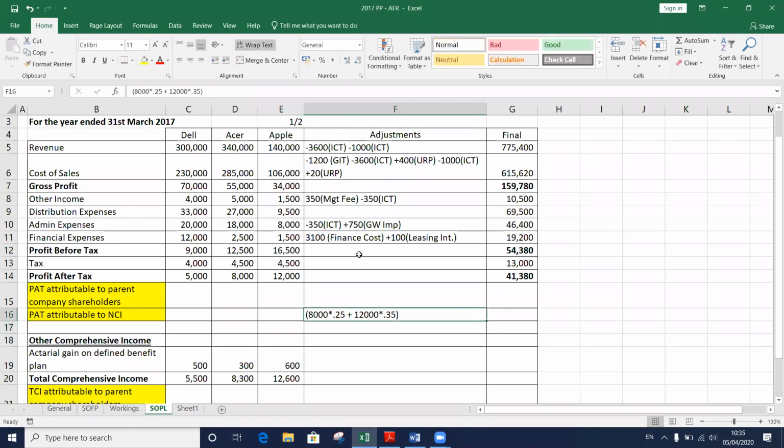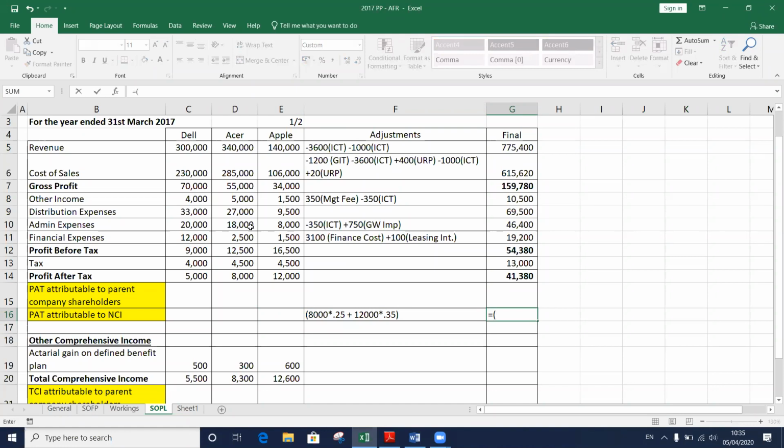So this should be the profit attributable to non-controlling interest, right? Out of this 8,000 we need to provide for 25%, and to that we need to add, out of these 12,000, the NCI percentage of 35%. Altogether 6,200 belongs to NCI.